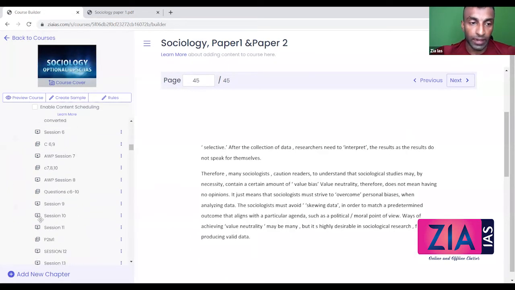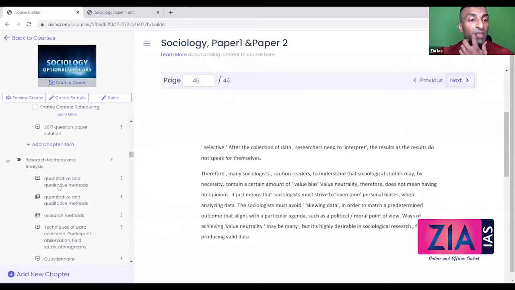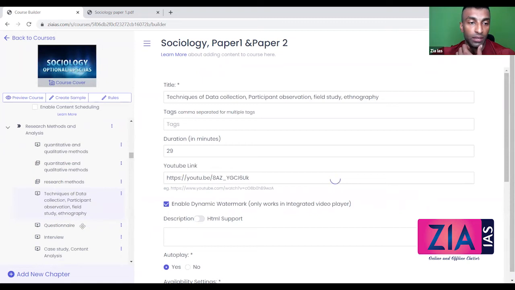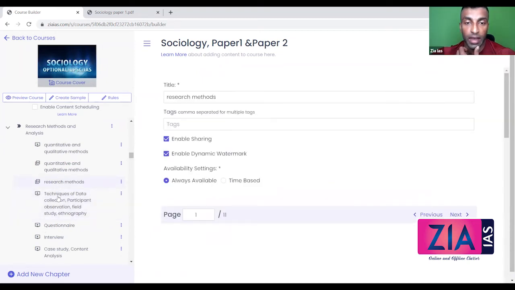Apart from that, I've discussed the techniques of data collection, the methods given here, research methods. The survey method you can talk about along with the census.